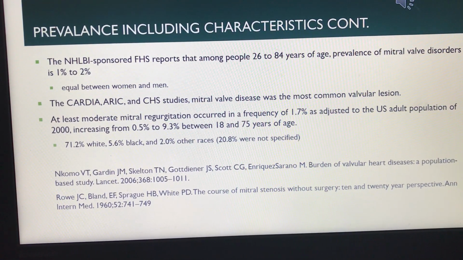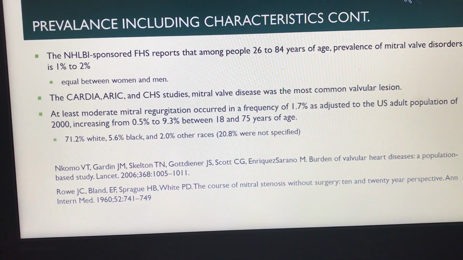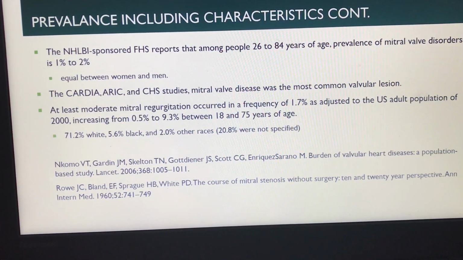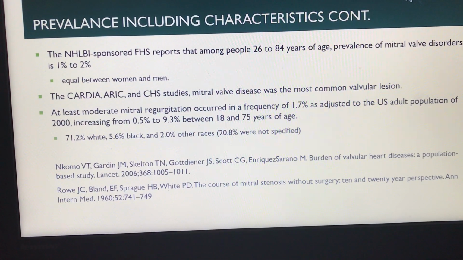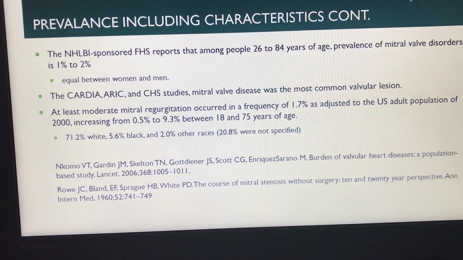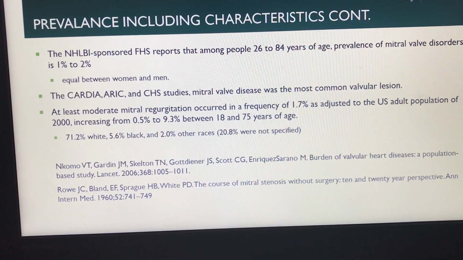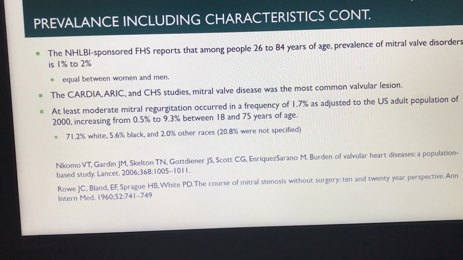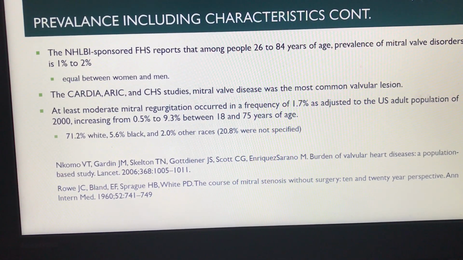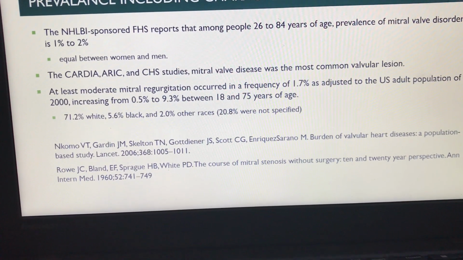Mitral valve disease was seen as the most common valvular lesion in this study, and at least moderate mitral valve regurgitation occurred in a frequency of 1.7% as adjusted to the U.S. adult population of 2,000, increasing from 0.5% to 9.3% between ages 18 to 75 years of age. And 71% of these cases were white, with 5.6% being black, and 20.8% were not specified.